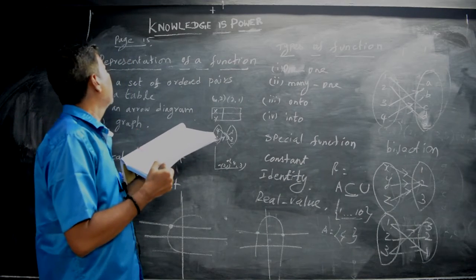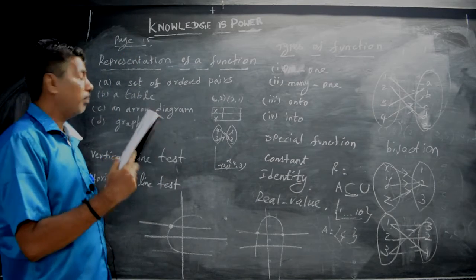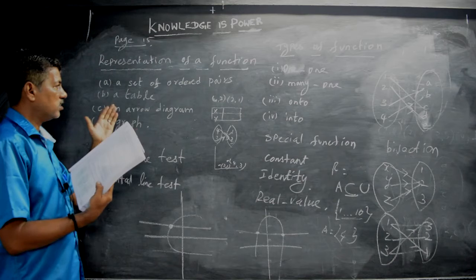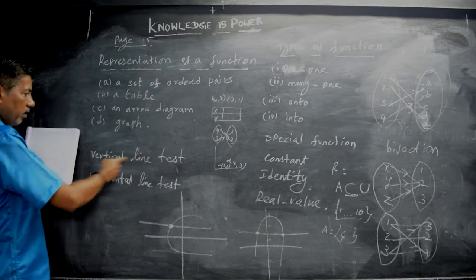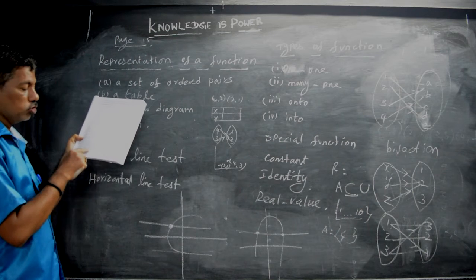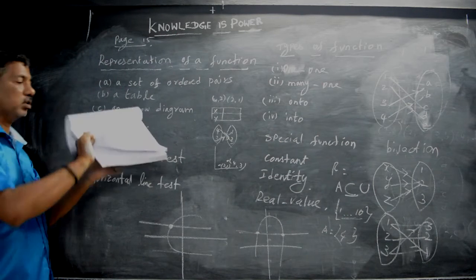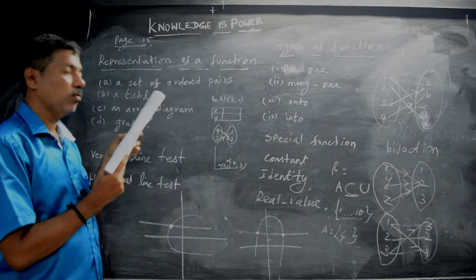I have already written about the representation of a function: set of ordered pairs, table, arrow diagram, graph. On the same page, they give the vertical line test, and examples are also given whether it is a function or not, like example 1.11.